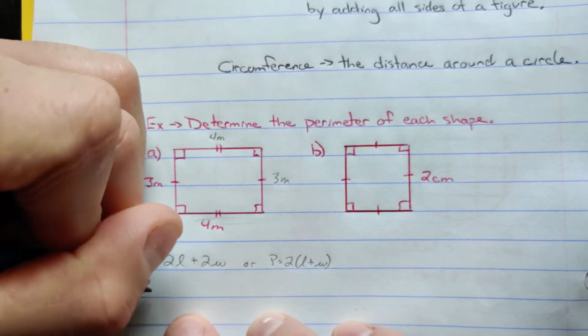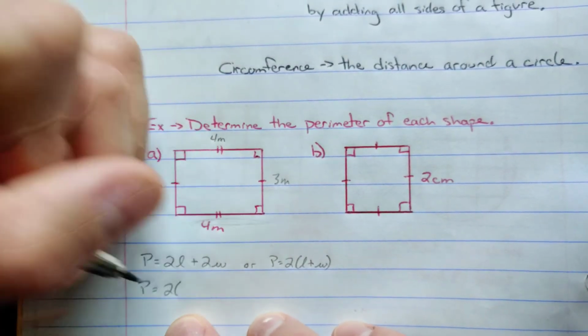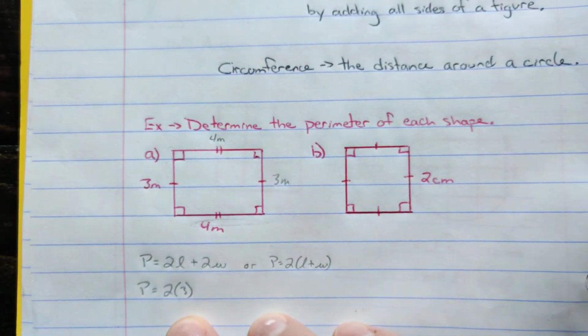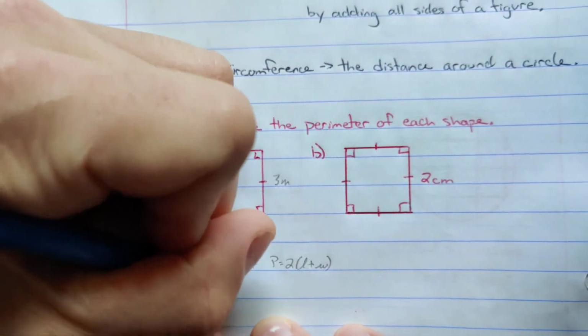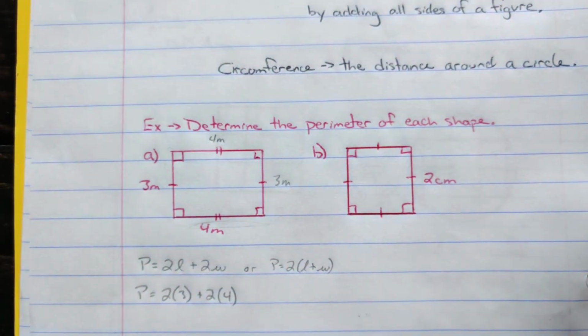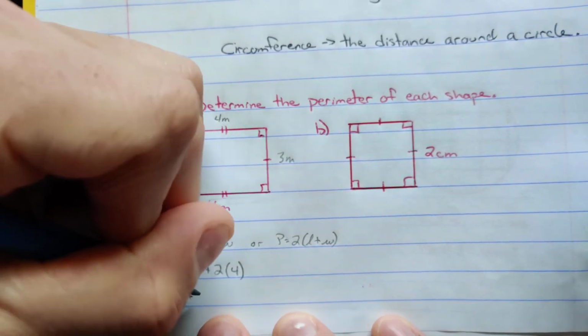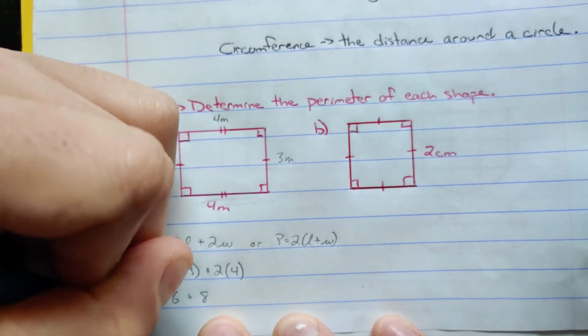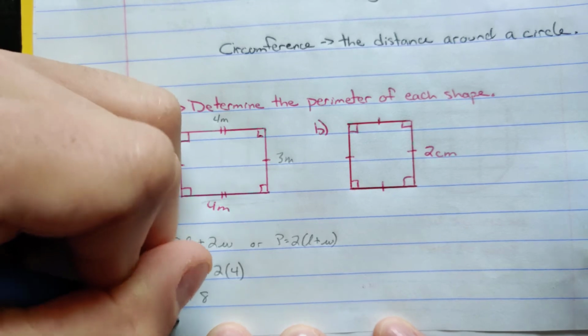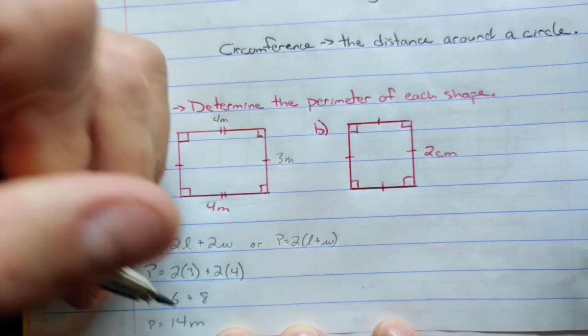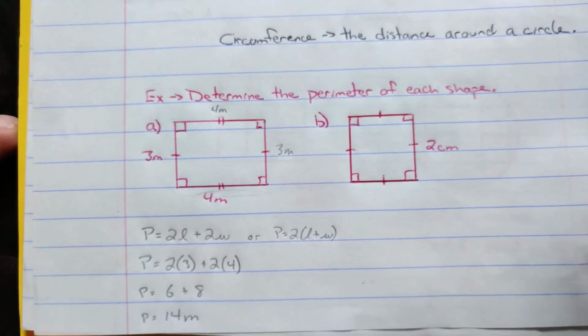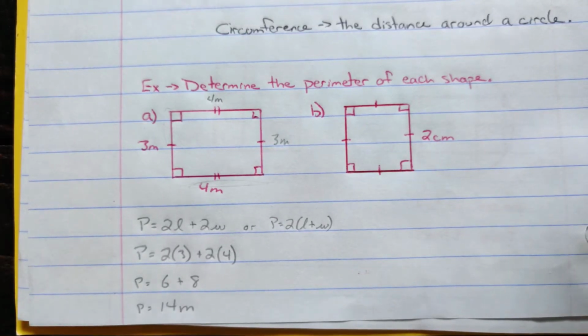In either case, we have 2 times 3 plus 2 times 4. And that'll give us 6 plus 8, which totals out to 14. And in this case, meters. And in the last step, you should always put your units at the end. In the case of perimeter, it'll just be meters.